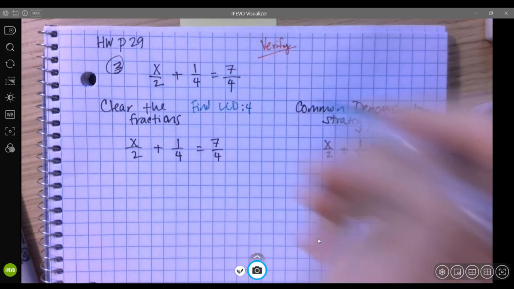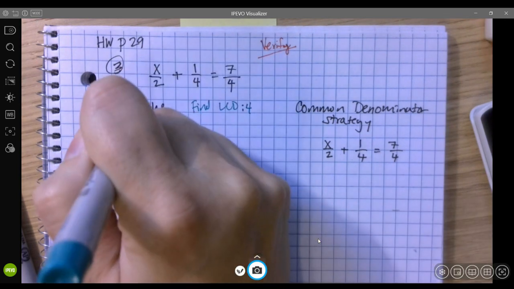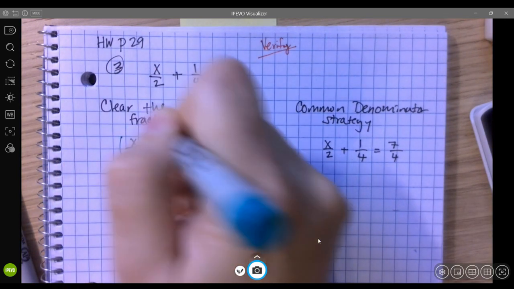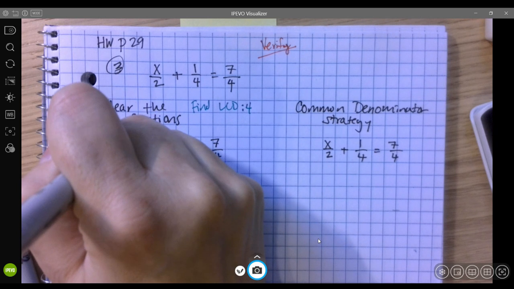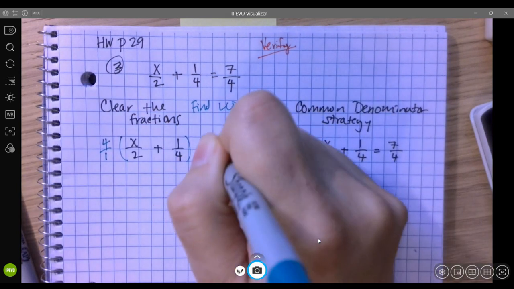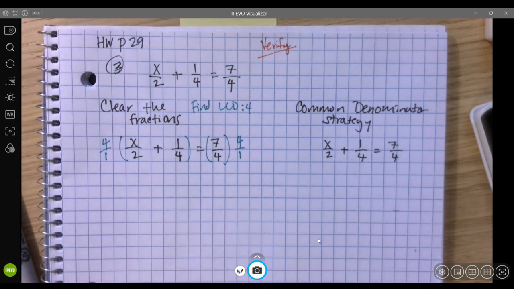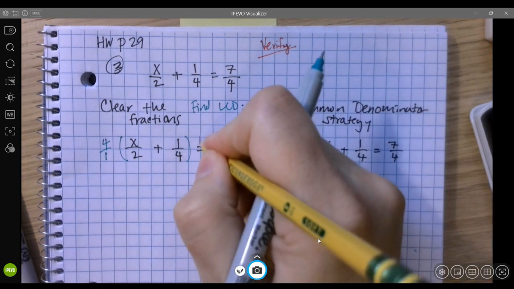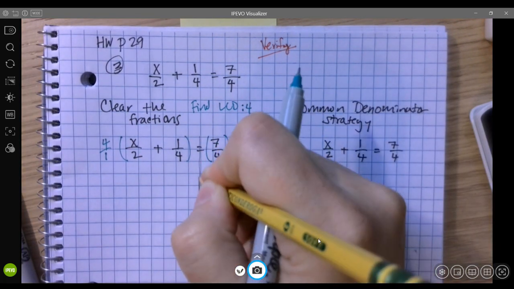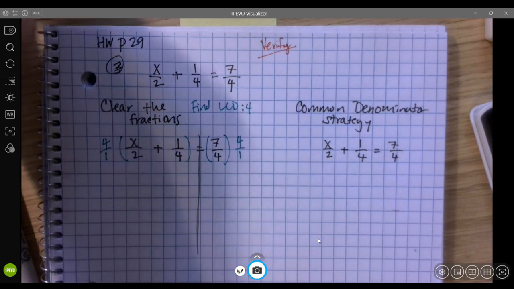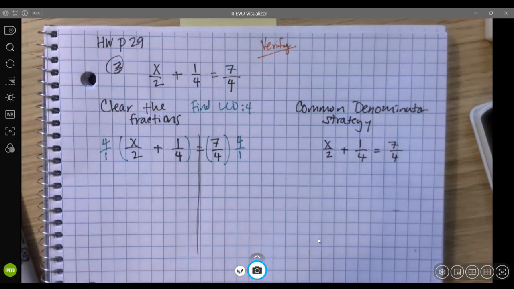Okay. So what I'm going to do is I'm going to multiply both sides of my equation by 4/1, and keep my sides. Know what's on one side, what's on the other side. Okay.